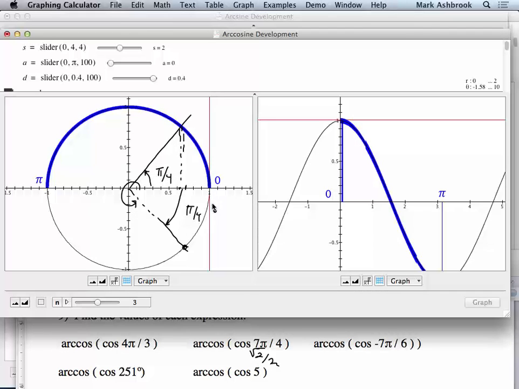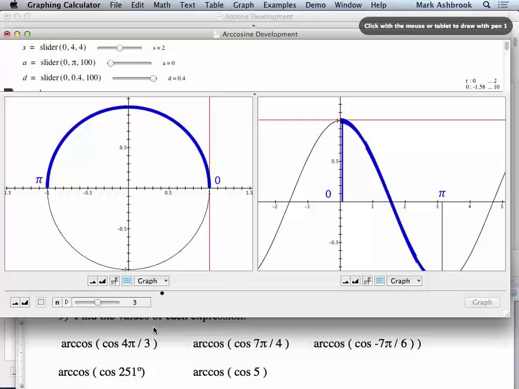Okay. How about let's do this one? How about cosine of 251 degrees? So 251 degrees is going to be in the third quadrant, closer to the y-axis than the x.